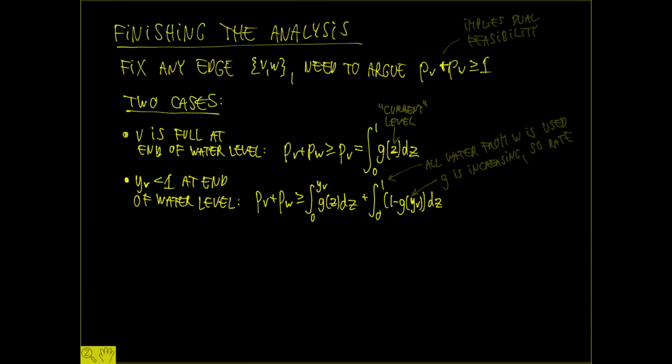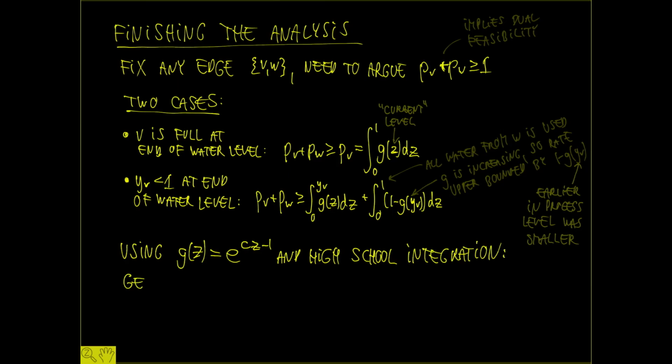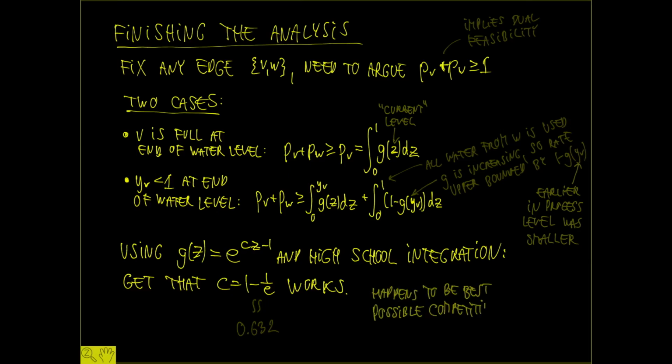And this is because g is increasing. So the rate is lower bounded by 1 minus g of YV. And since YV is less than 1, we know that all water from W was used, so we integrate from 0 to 1. And now we can insert the guess from before of g of z, e to the cz minus 1, and a bunch of computations, essentially high school integration, tells us that the choice of c, which is 1 minus 1 over e, actually works.